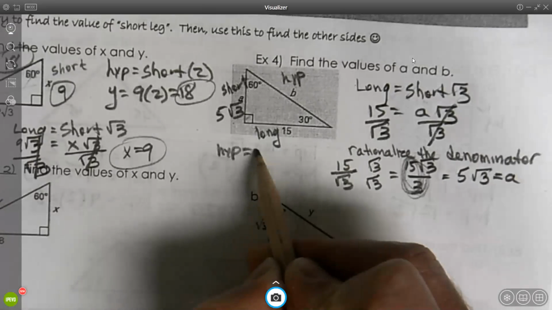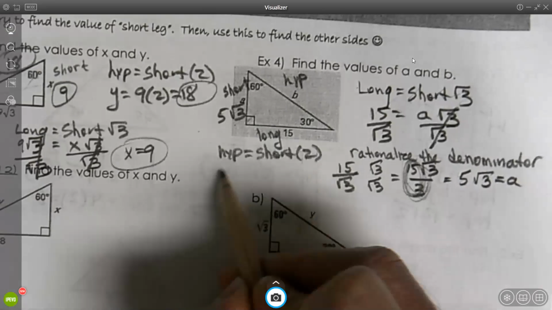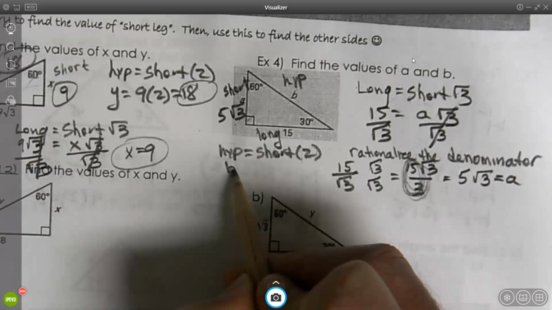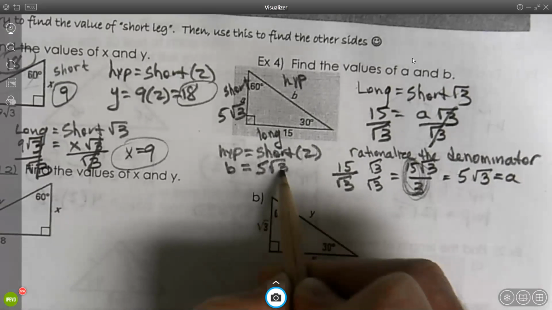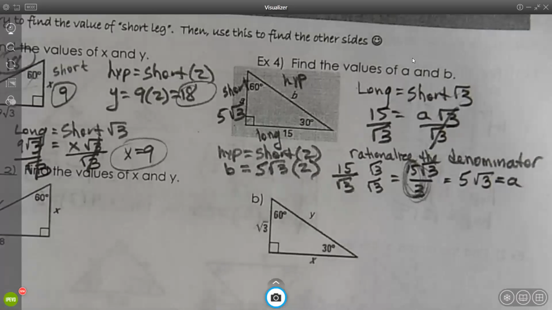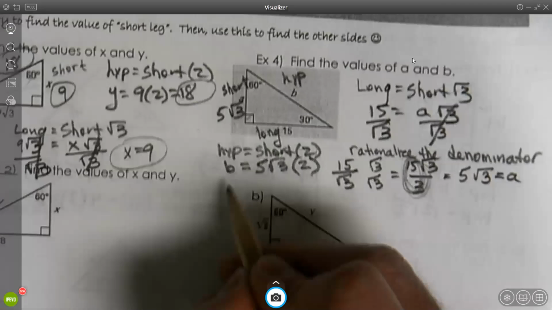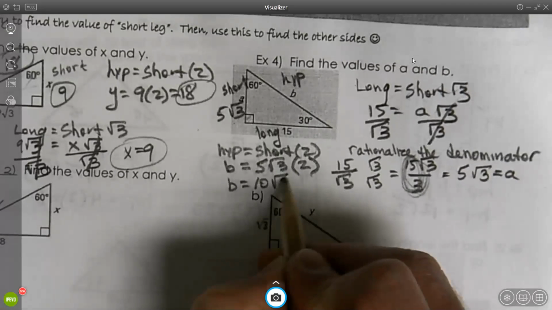Hypotenuse equals the short leg times 2. The hypotenuse, which is the letter B in this case, equals 5√3 times 2. You do not take the 2 and times the √3. You take the 2 and you times the 5. So the B value is going to equal 10√3.